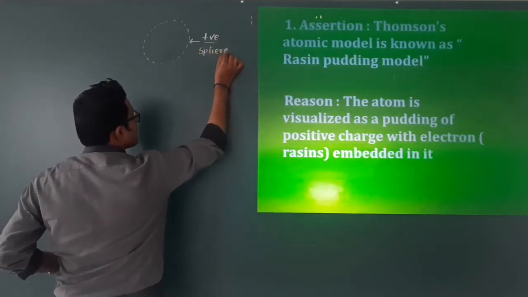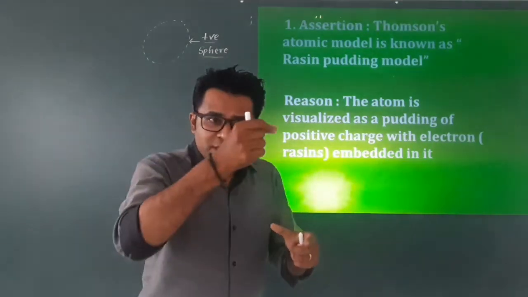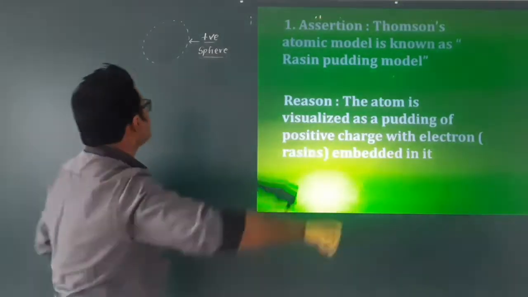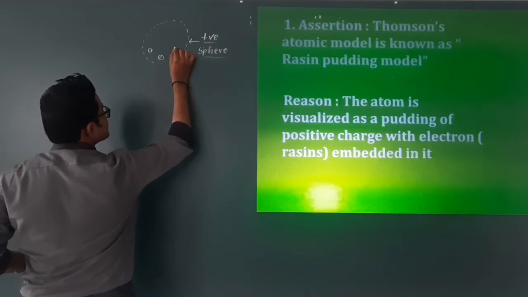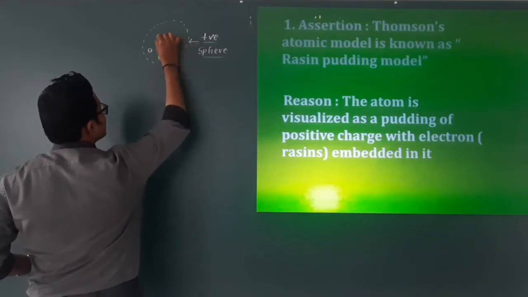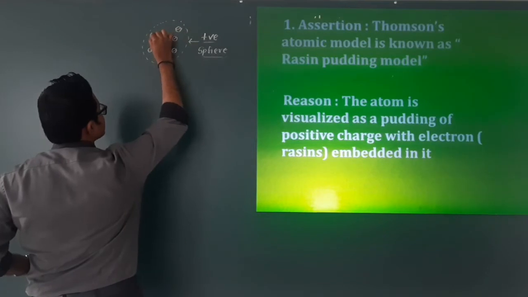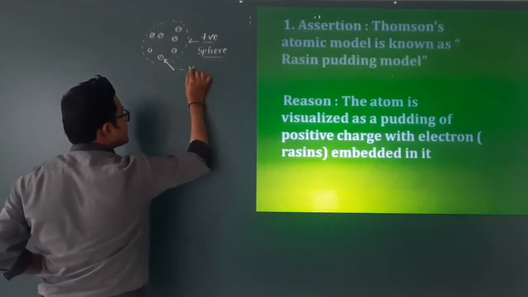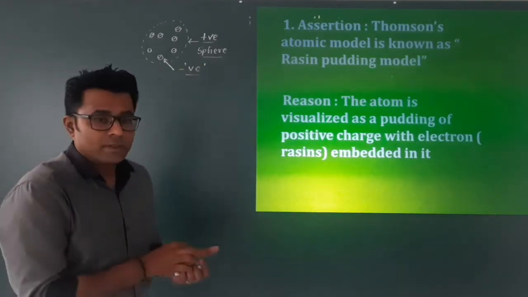This positively charged sphere had negatively charged electrons which were embedded inside it, just like the raisins which are embedded inside the pudding. So, therefore, he says that these are the negatively charged particles which are embedded inside.